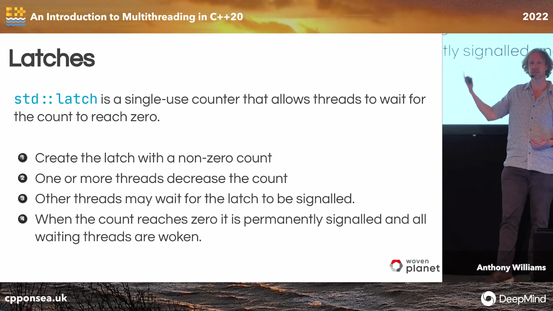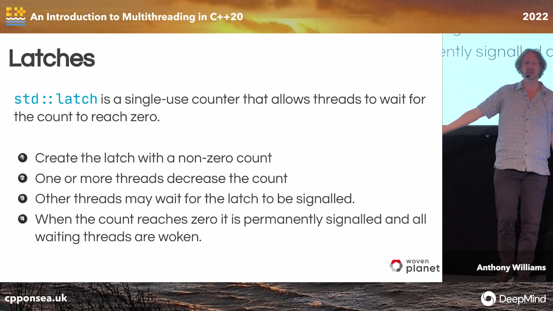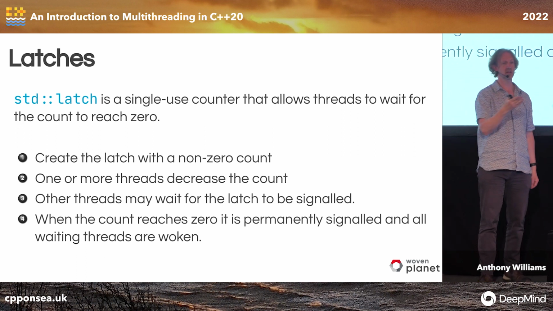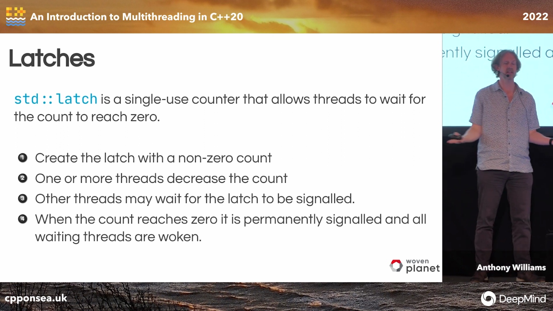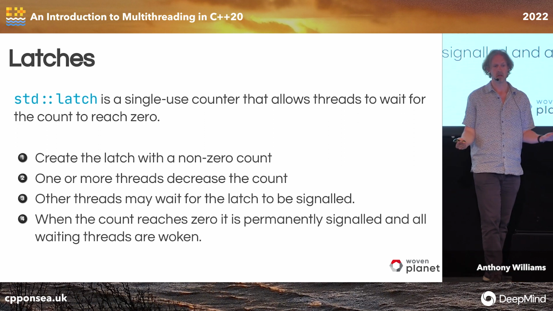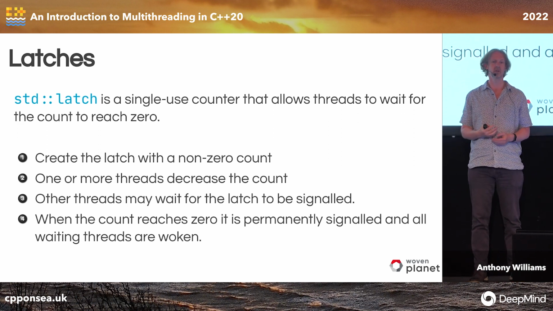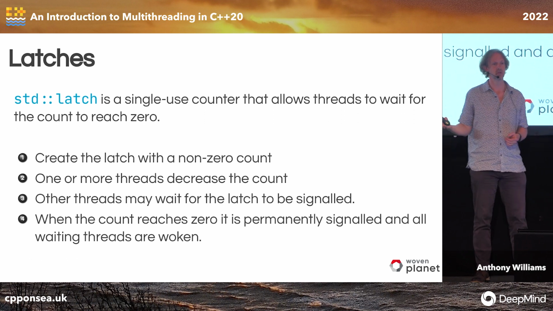As threads count down and the count gets to 0, you can explicitly wait for the latch to reach 0, and that can be on any thread that has access to the latch object. You can just call wait, and then you will be woken when the count reaches 0, and not before.